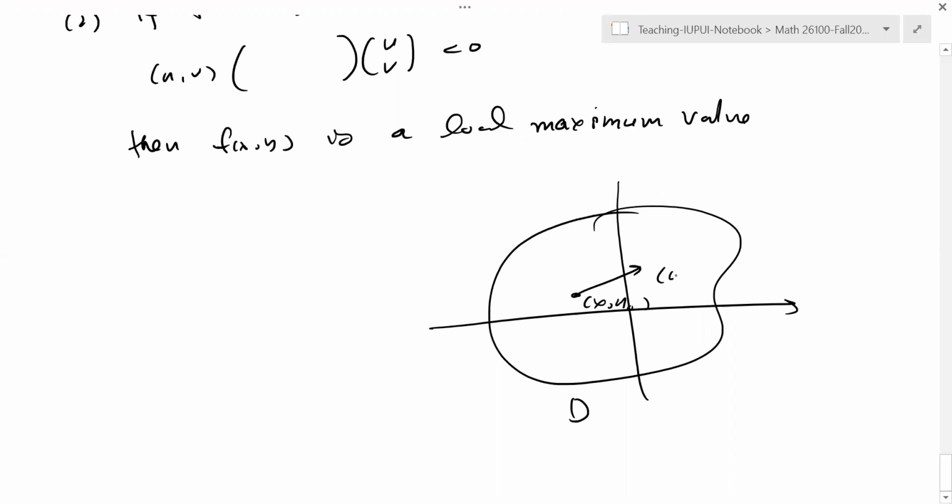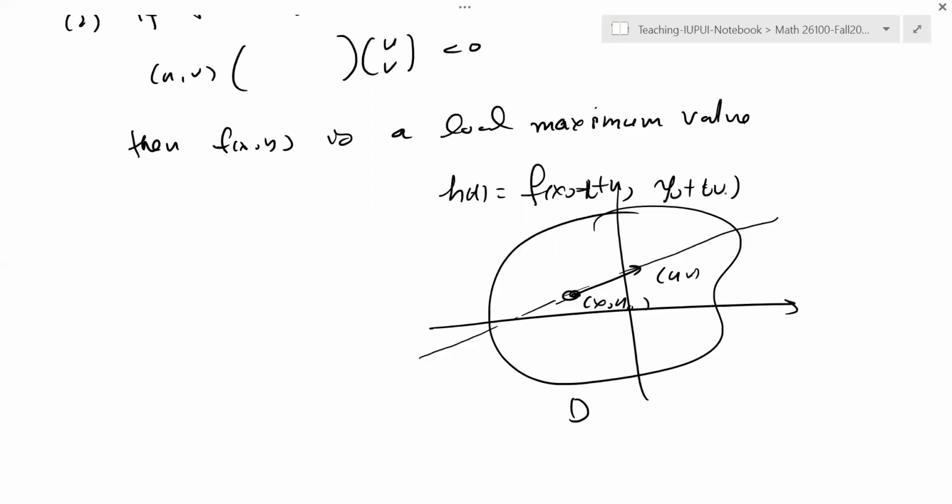So an arbitrary direction (u, v). So h of t is a restriction of the function to this line.